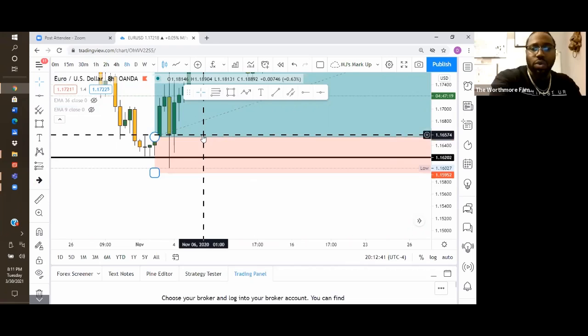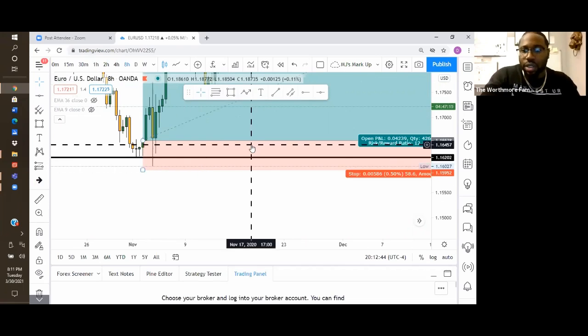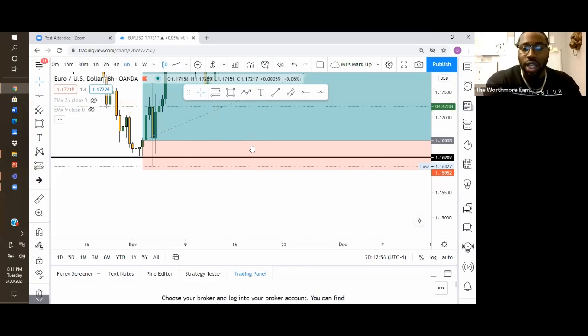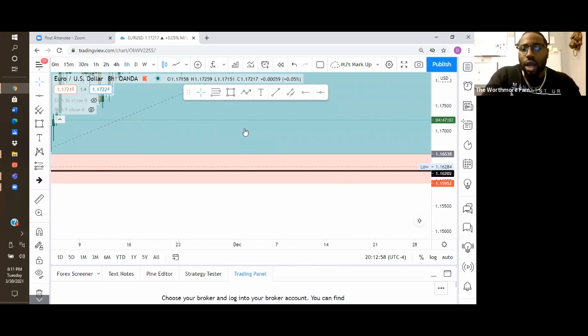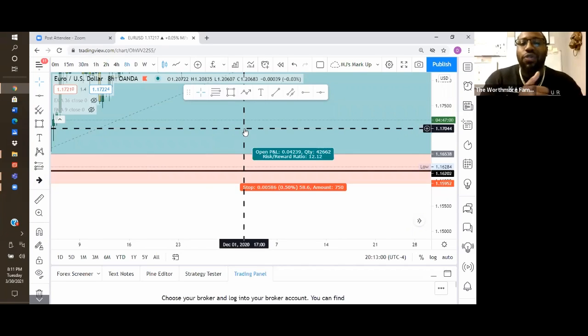So our total risk to reward, let's see how many pips we were risking. From our entry, we risked a total of 58.6 pips, okay? But our reward, if we hit our target, was 423.9 pips, y'all.